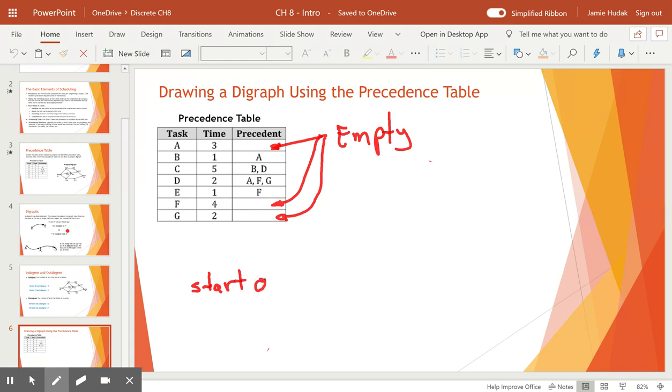And we're going to draw an arrow that goes to a vertex we'll call A. We'll draw an arrow out to a vertex that we call F, and an arrow out to a vertex we call G.